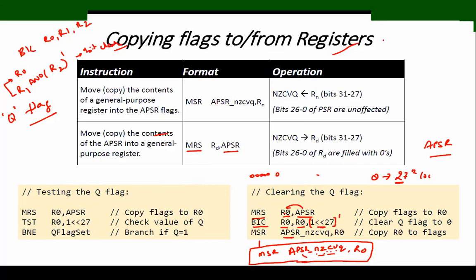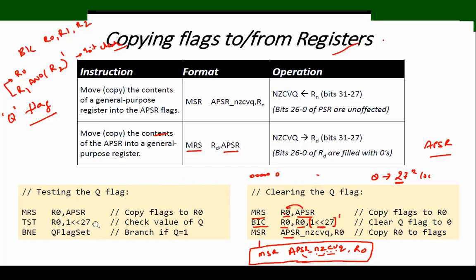As I told you, 5 bits: N, Z, C, V, Q. Only these are transferred, and the remaining bits are not changed at all. If I have to check the value of Q, I'm going to take the 27th bit. Remember, I told you this is the 27th bit. So the 27th bit is checked with 1 and with the R0 value, R0.